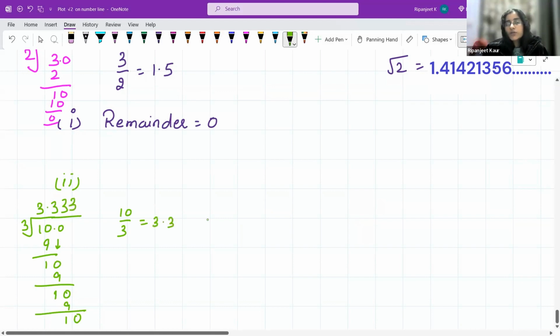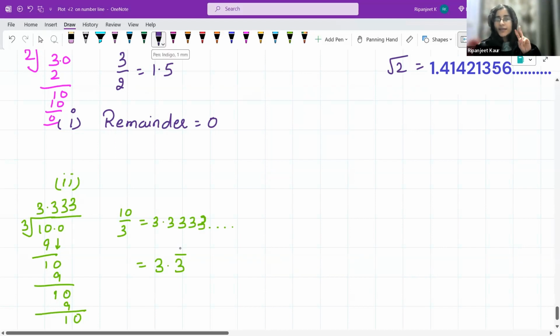It is going to go on as 3.3, 3, 3, and so many 3s, right? Can we represent it like this? Yes, very good. See, the bar is always placed after the decimal point, not before the decimal point. Remember this, right? So the decimal representation starts repeating.